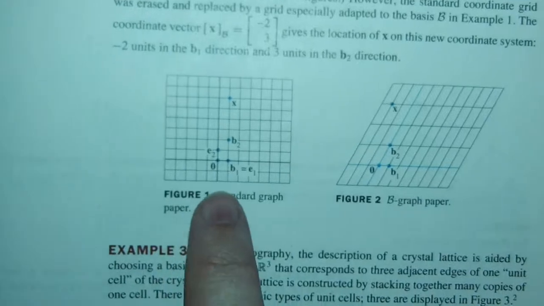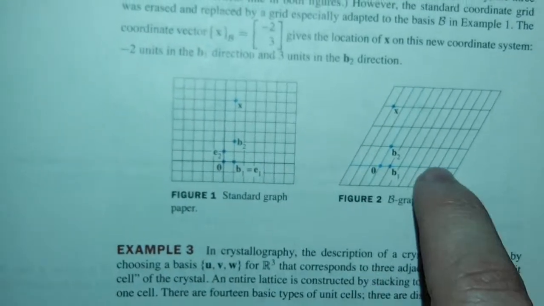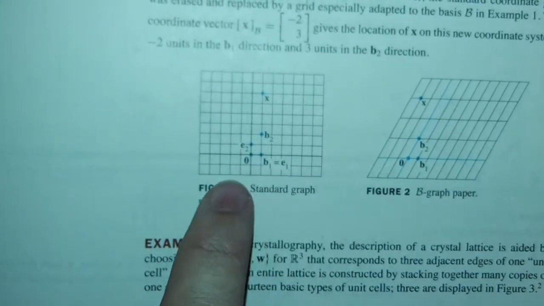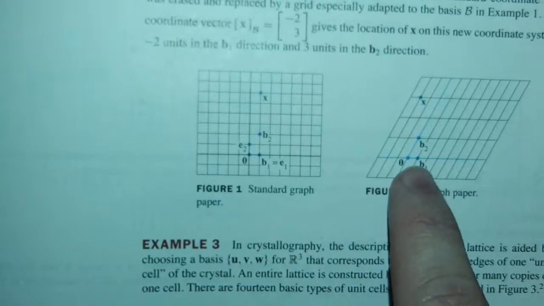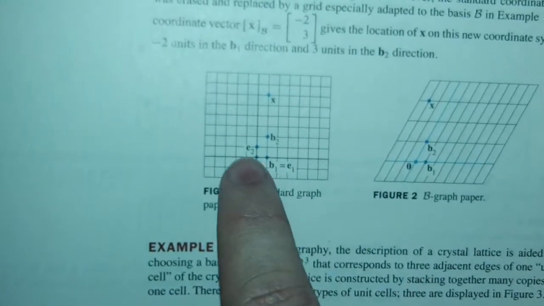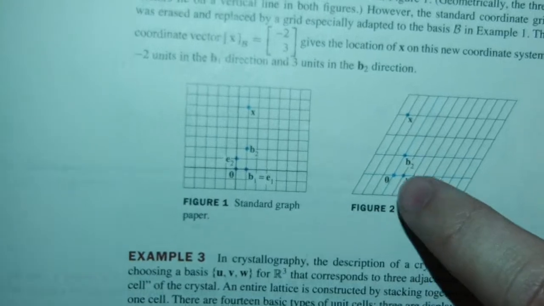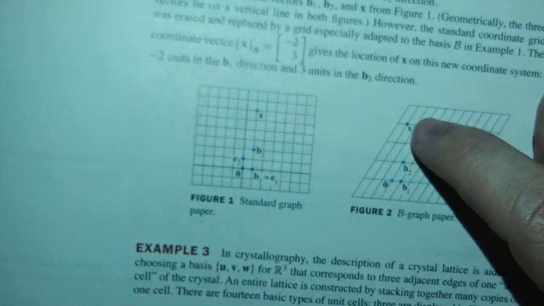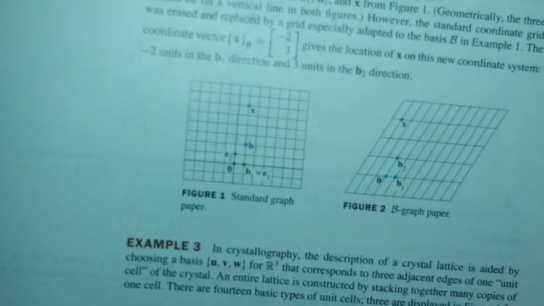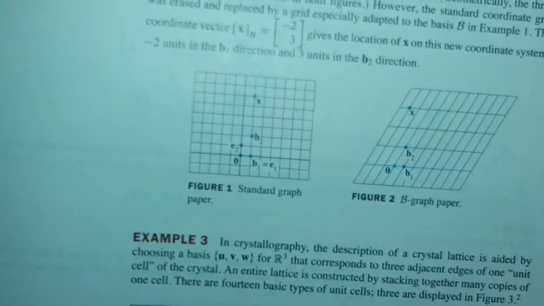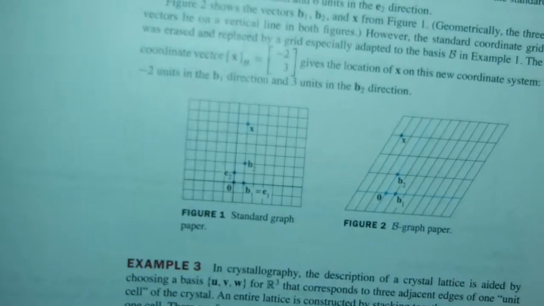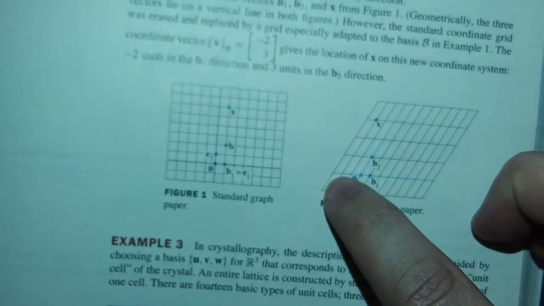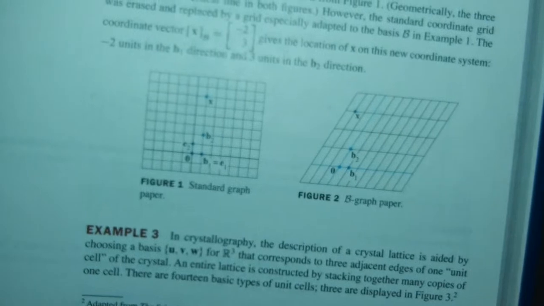B1 is still horizontal, but B2 is skewed. I'm drawing skewed graph paper where my units are determined by B1 and B2. That's how I'm describing X: minus 2 units over on the B1 axis, and 3 units up the B2 axis.